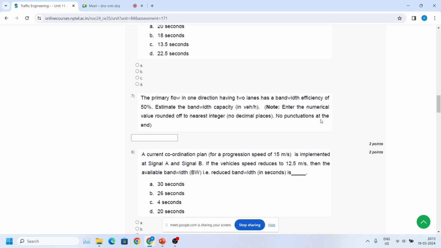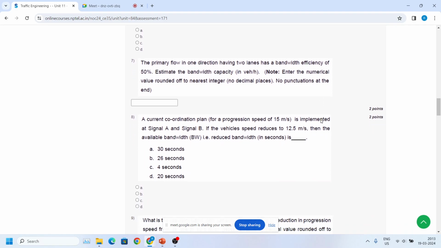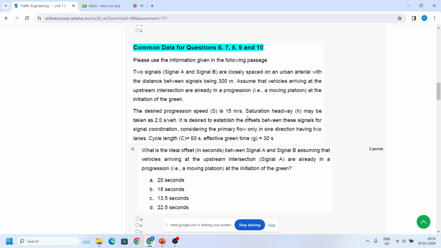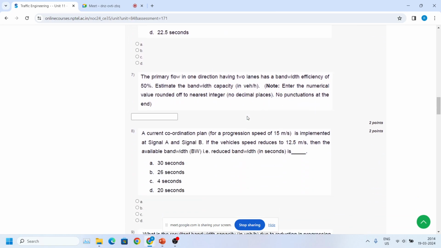This is 50% here. Let me see for this problem: 300 meters, 15 meters per second. This is 60. This is 0.5.